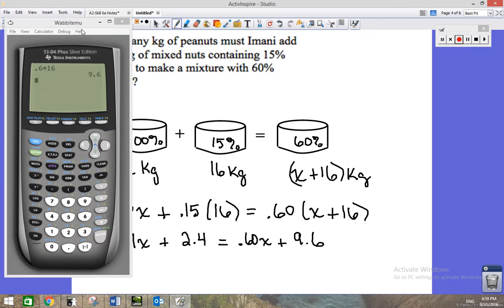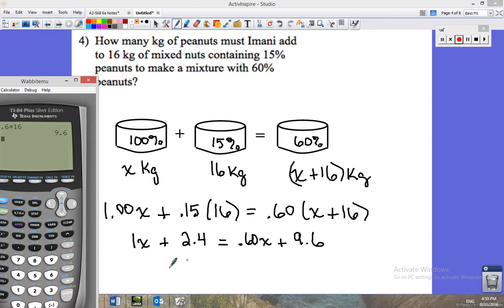So now let's get the variables on one side and the constants on the other. So let's subtract 0.6x from each side. 1 minus 0.6 is 0.4. Let's subtract 2.4 from each side. 7.2.